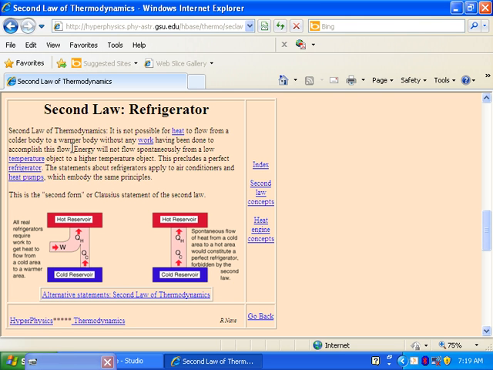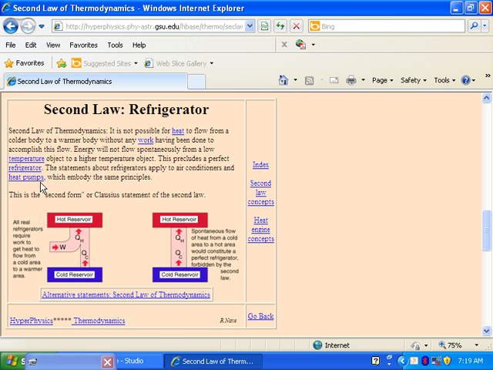All right. Now, the other definition involving refrigerators has to do with this. Energy will not flow spontaneously from a low temperature object to a higher temperature object. All right. So in other words, you cannot have a perfect refrigerator. You cannot literally just send your heat from cold to hot. You need to do work in order for that to happen. Right?